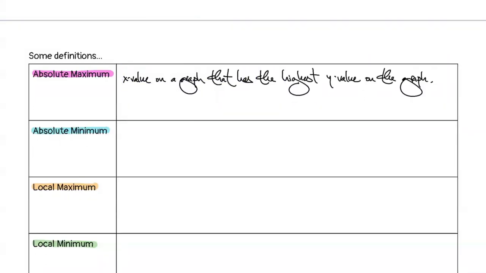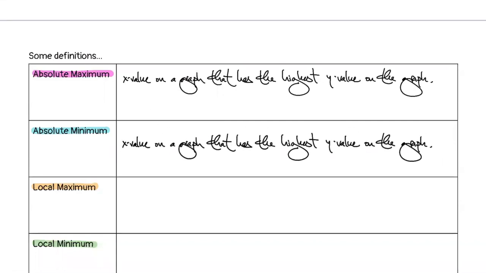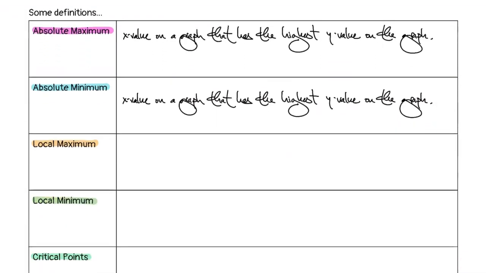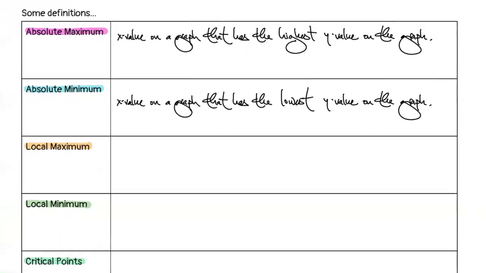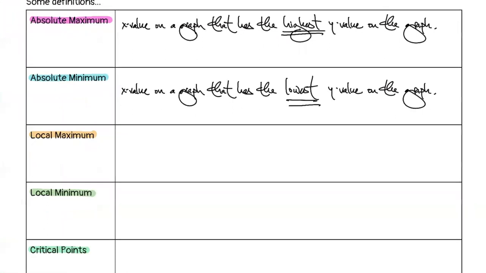And we can take this statement and we can modify it just by swapping out one word. What would we change? Yeah, we're going to replace highest with the lowest Y value, right? So from highest to lowest would be the difference between an absolute max and an absolute min. All right.